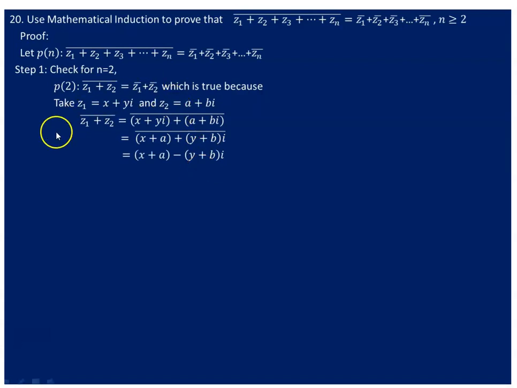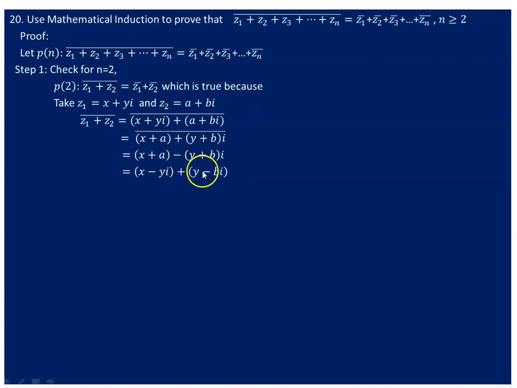Can we further simplify this? Yes, we can. Here we have x, so x minus yi can come here. Here we have plus a, so plus what follows. Please correct this y by a, because it's going to be a minus bi. You see, a minus bi. But what is x minus yi? x minus yi is the conjugate of z1.